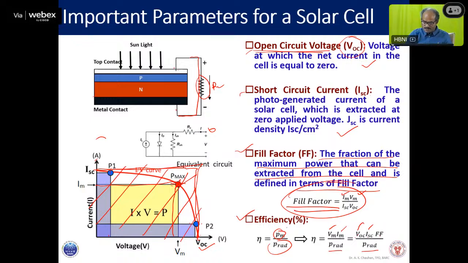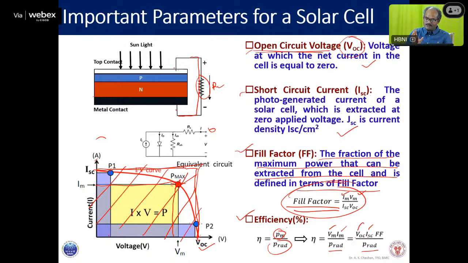Because this point is dynamic, whenever we characterize any solar cell, we measure the open circuit voltage, the short circuit current, and then the JV characteristic, or you can call it the IV characteristic.